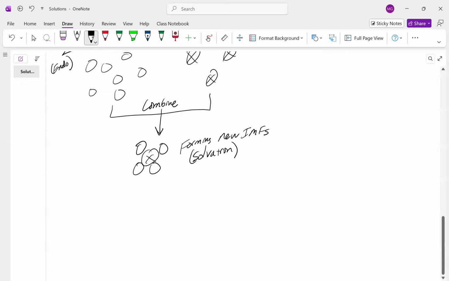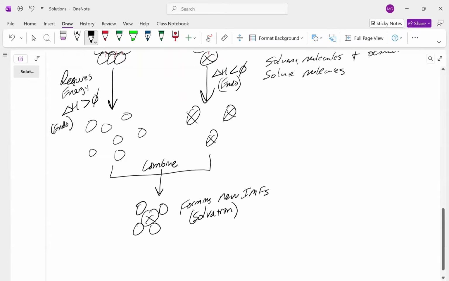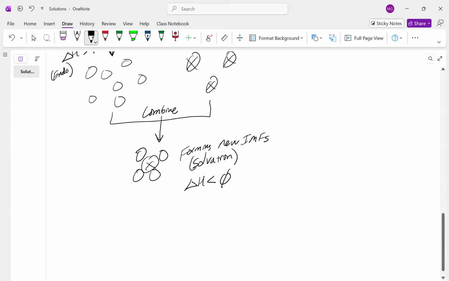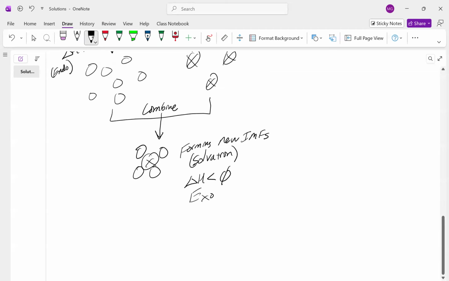That's solvation. Sorry, this should be a greater than. That's a positive number. And this process should be less than zero. It is an exothermic process.